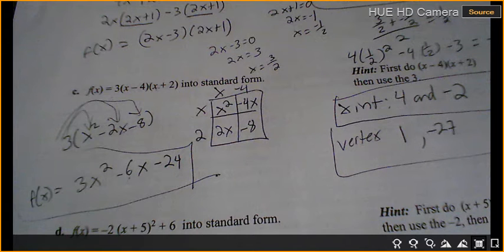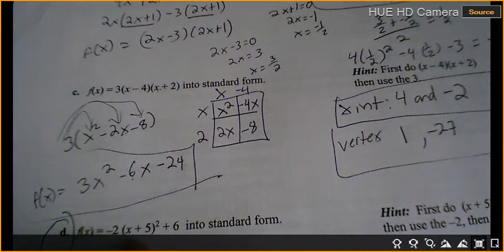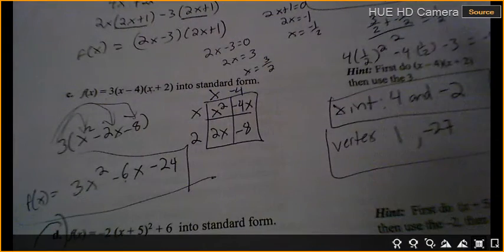Okay, so I'm going to have you guys do certain ones of these for homework. I'm going to have you do D as homework. You're going to do it in standard form, so you're going to FOIL this out, times it by 2, add 6 to it. So D is your homework.